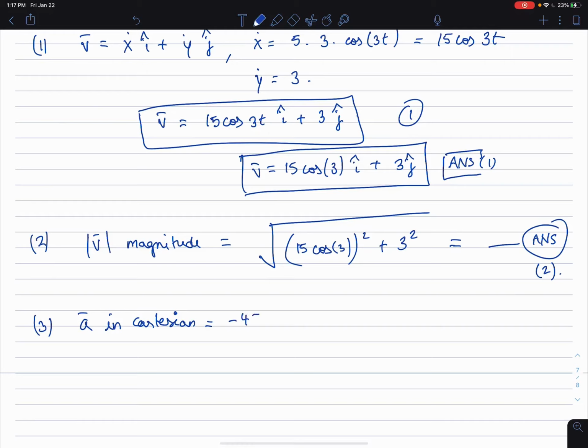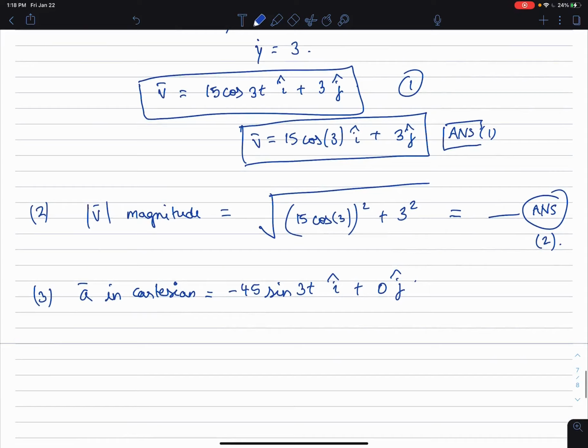There's a minus sign, so minus 45 sine 3t i plus, well, the derivative of 3 is just 0, so we have 0j. So that's the acceleration in Cartesian coordinates. Of course at time t equal to 1, we can just plug that in: minus 45 sine 3 i. You can write a decimal answer there. Okay, so now we have the Cartesian acceleration.